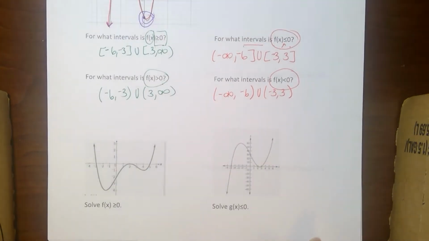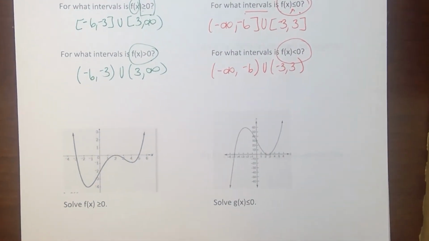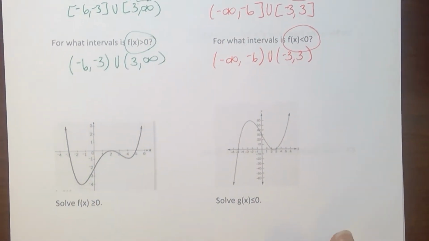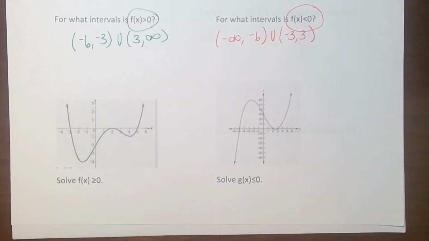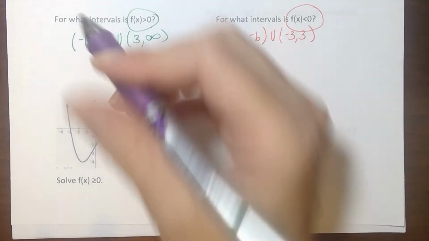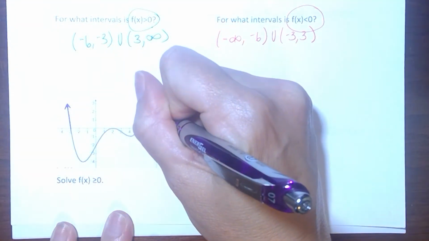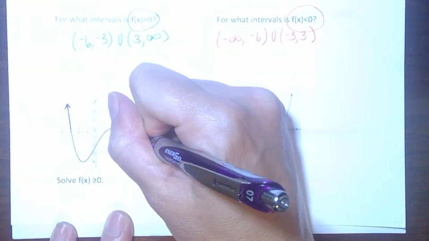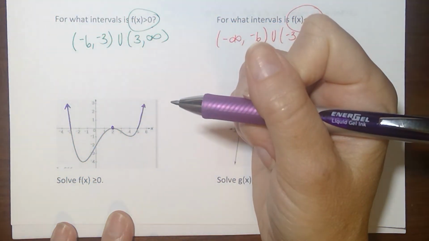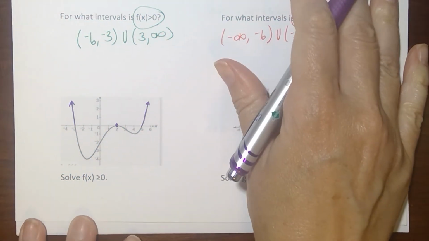Let's evaluate these two functions, and then we're going to look at the back and we're going to talk about our test point method. Solve f of x greater than or equal to 0. Where is my function greater than or equal to 0? Well, this piece above the x-axis, this piece above the x-axis, and look at that, it's equal to 0 right there. So I have 3 places.